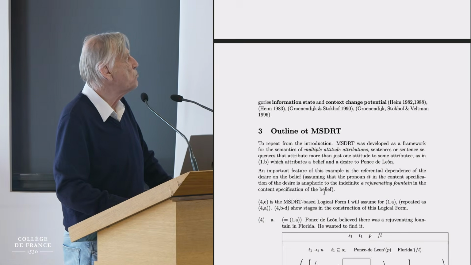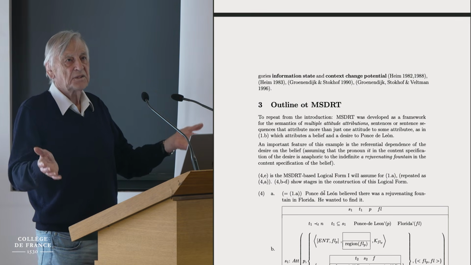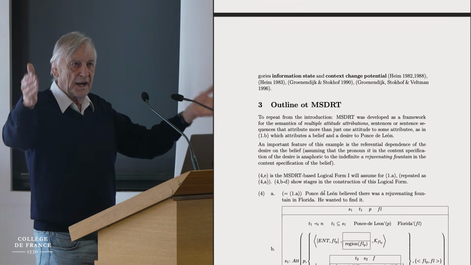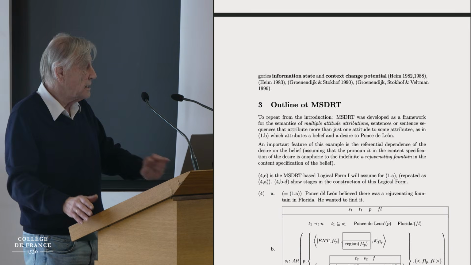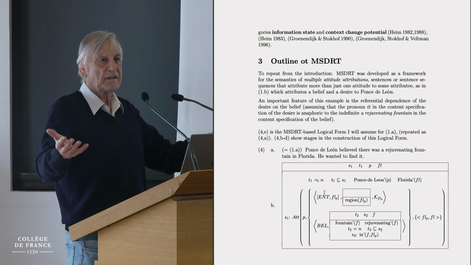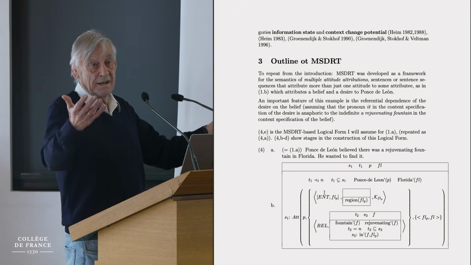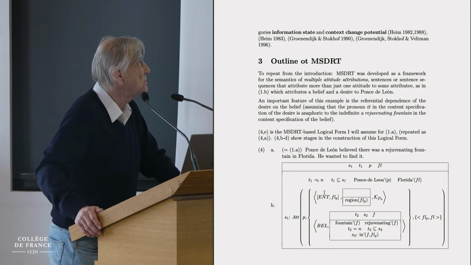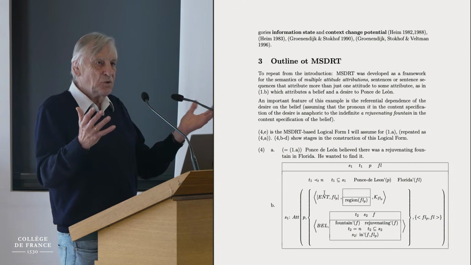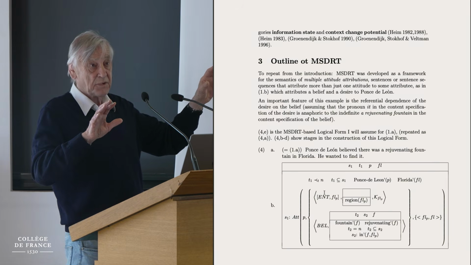In MSDRT, so MSDRT was originally developed, as I said, in order to get a handle on these complex attitude attributions, like the attributions of the belief and the desire to Ponce de Leon. It's repeated then for A. And there, too, you want a sort of abstract characterization of the content of the logical forms that MSDRT offers for attributions like this one, where the content of the attributed desire and the content of the attributed belief are somehow kept separate.